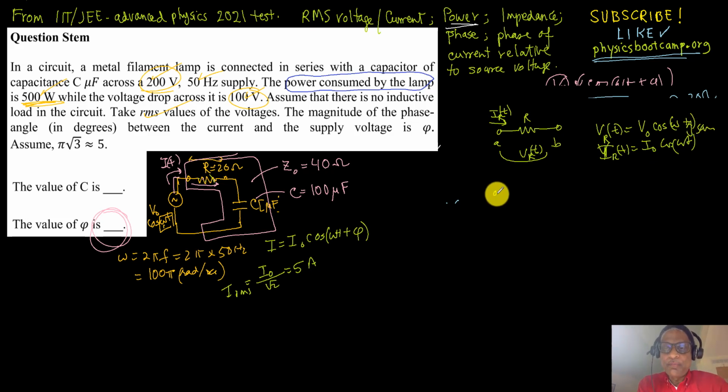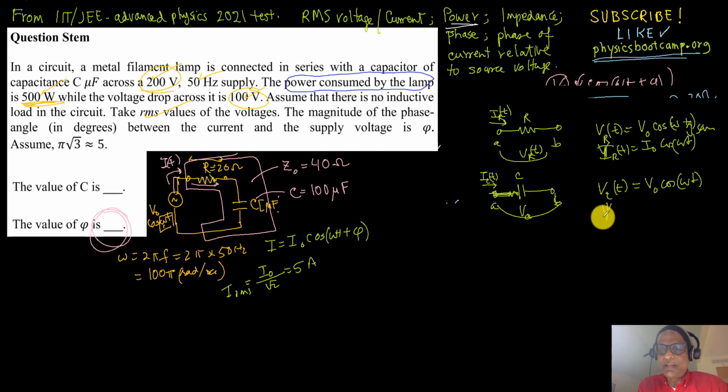But if you have a capacitor, so you have A and B, so across here is say VC and the current is IC of t, then if VC of t is V0 cosine omega t, then IC of t is equal to I0 cosine omega t plus pi over 2.